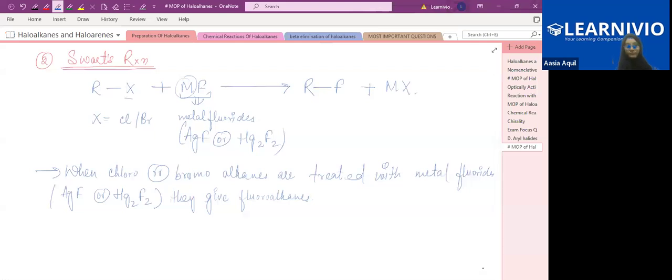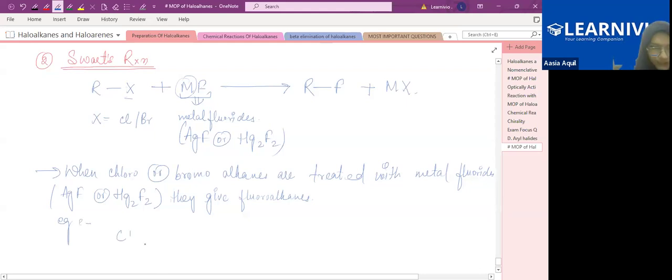Okay, let's do some questions. For example, write down the reaction. Suppose we take bromomethane, CH3Br, plus AgF, silver fluoride. What you are supposed to do is just replace this bromine group by fluorine.